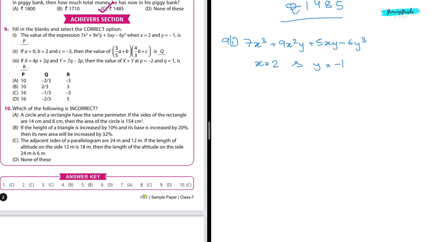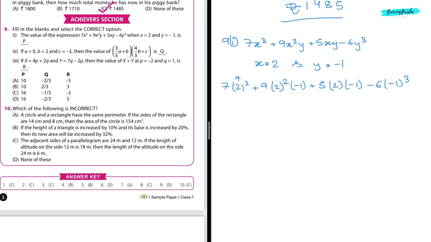Now we'll plug in the values of x and y. 7 bracket 2 raised to power 3 plus 9 bracket 2 raised to power 2 bracket minus 1 plus 5 bracket 2 bracket minus 1 minus 6 bracket minus 1 whole cube.